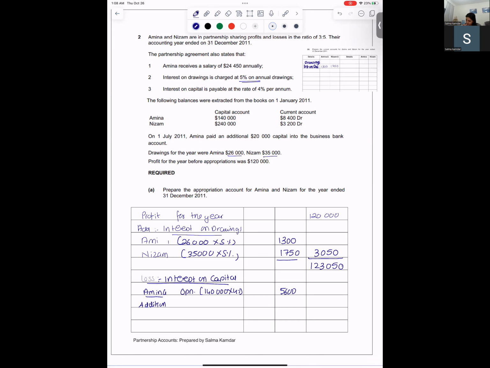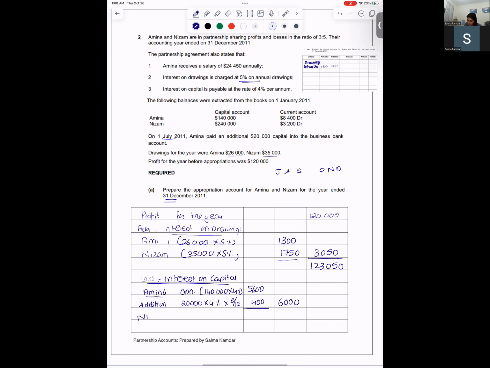The additional capital is 20,000 into 4%, brought in July. So July, August, September, October, November, and December, into 6 by 12. So it is 400. So interest on capital for Amina is 6,000.